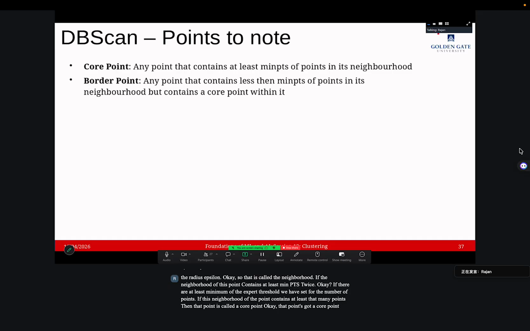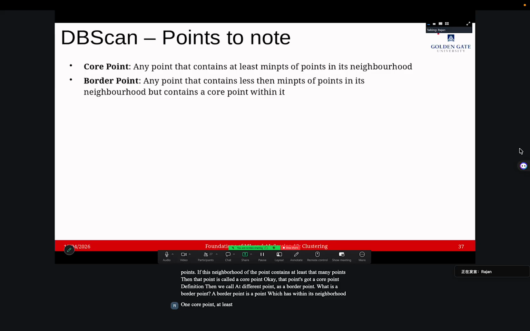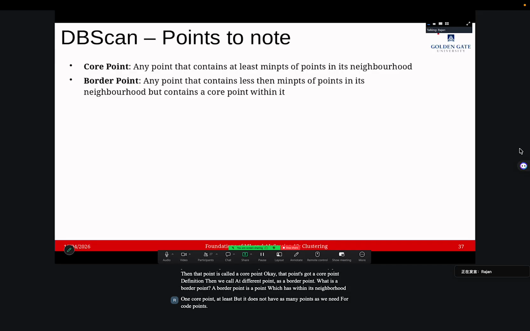Definition. Then we call a different point a border point. What is a border point? A border point is a point which has at least one core point within its neighborhood, but it does not have as many points as we need for a core point.